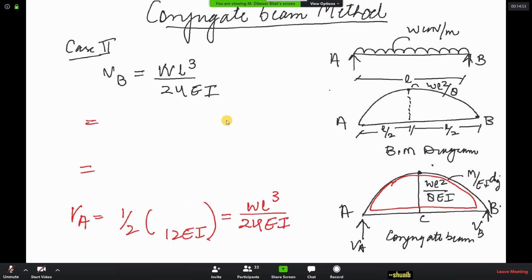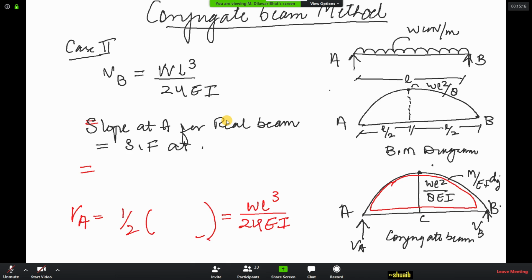Now, as you have already understood with regard to the calculation of slope, slope at A for the real beam will be equal to the shear force at A for the conjugate beam.